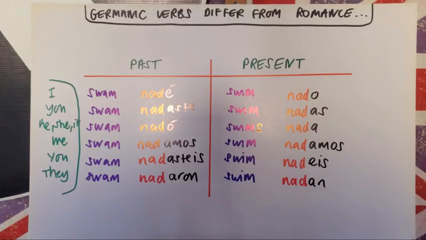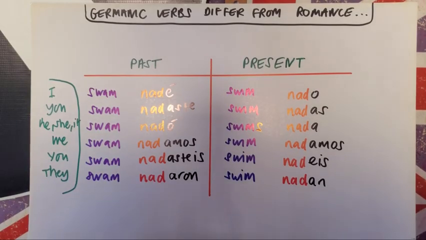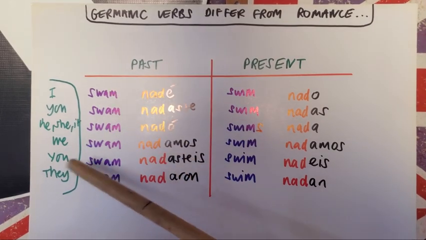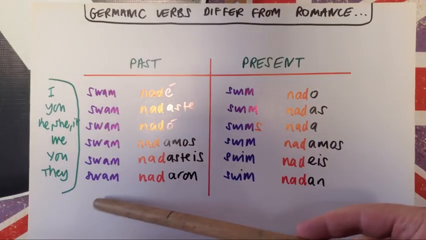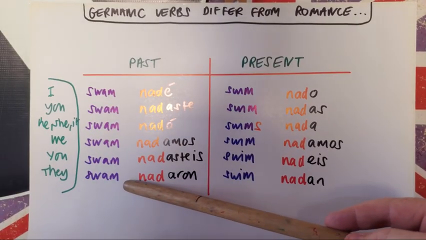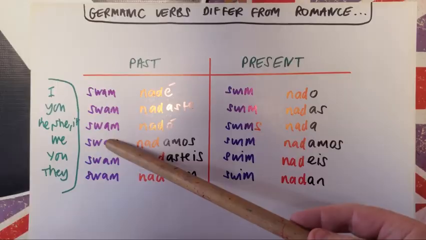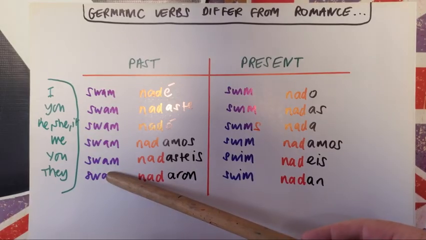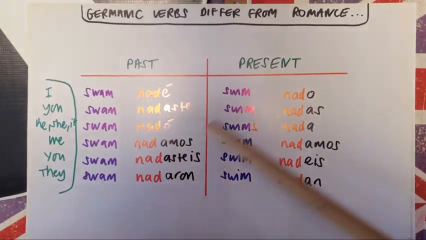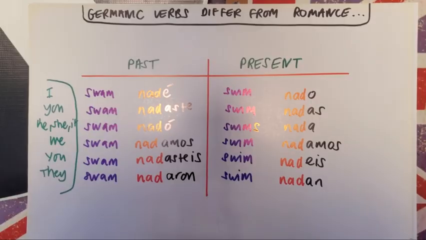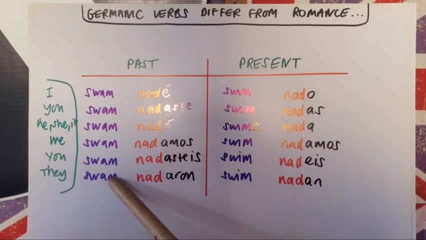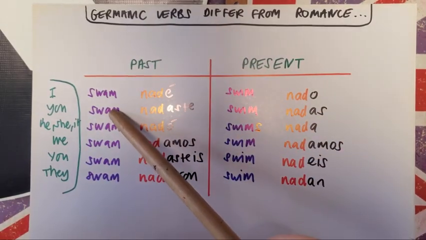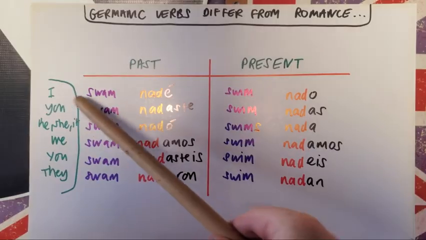If I say to you the past tense, swam, swam, swam, you wouldn't know who was doing the swimming, whether it was I swam, you swam, we swam or they swam. It's all just swam. You need to say they swam or you swam in order to know who is doing the swimming.